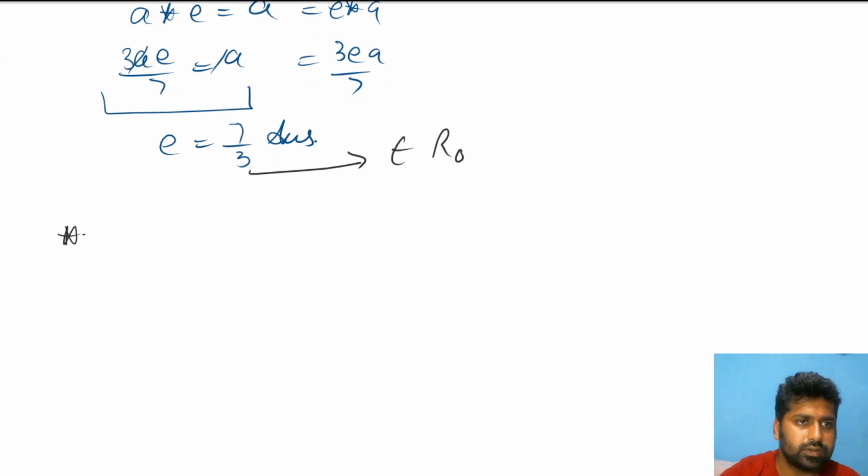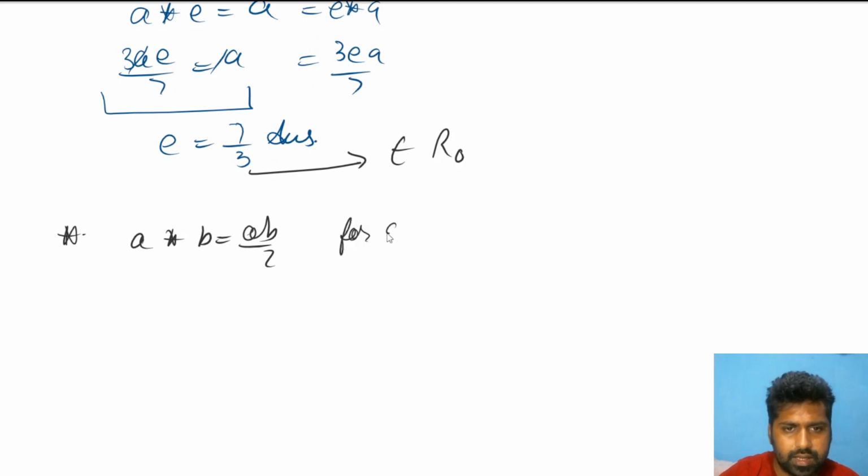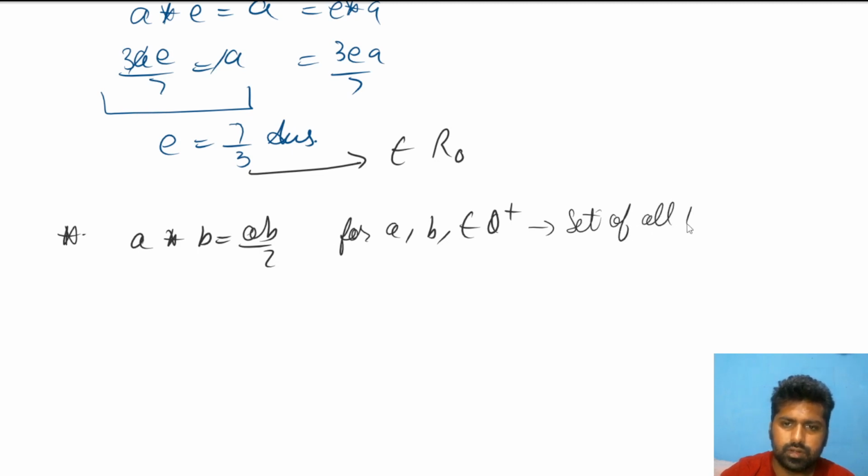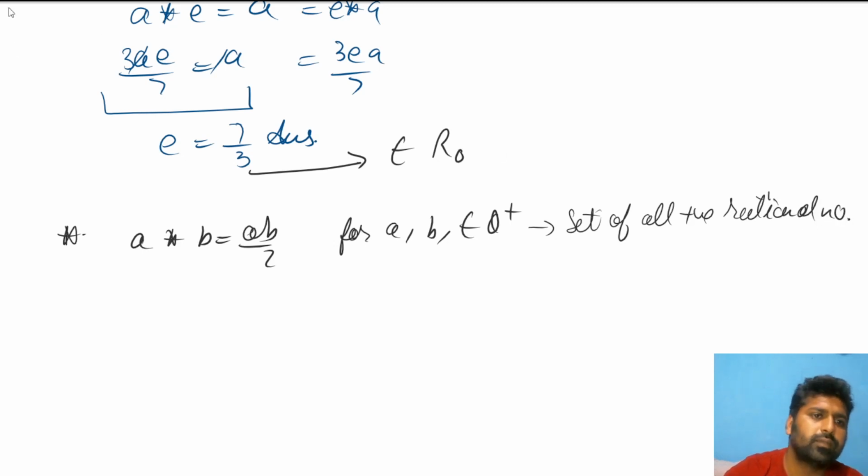Let's see another one. A star b is ab by 2 for a comma b belonging to Q plus. Q plus is the set of all positive rational numbers. This you should know from sets, but still, it is the set of all positive rational numbers. So the definition goes like this.